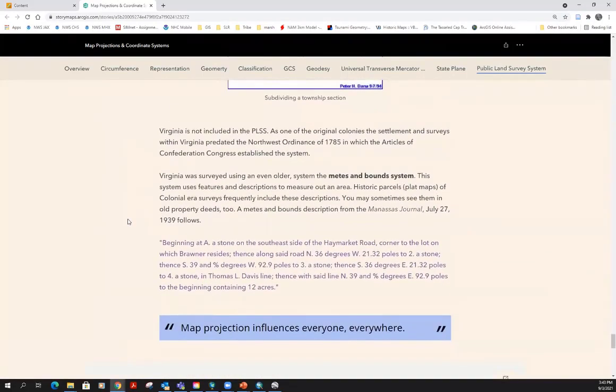Here back east in the old colonial era in Virginia, we did not have that. And so that system called metes and bounds was used, mostly using references to features on the landscape, rivers and mountain ranges, creeks, and even down at the parcel or plat or scale of a deed for property, you would see a measurement description of that area based on landmarks, distances, and angles.